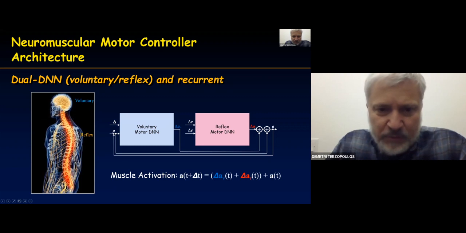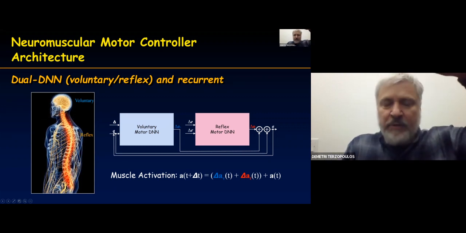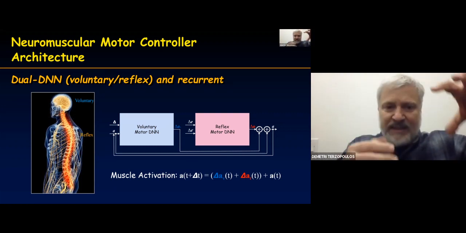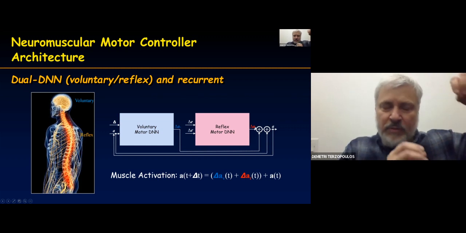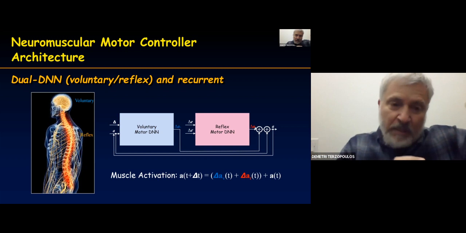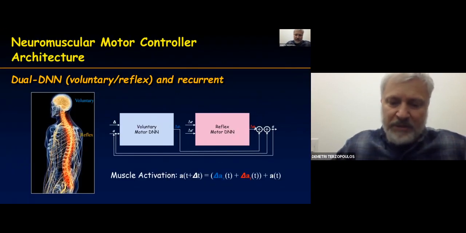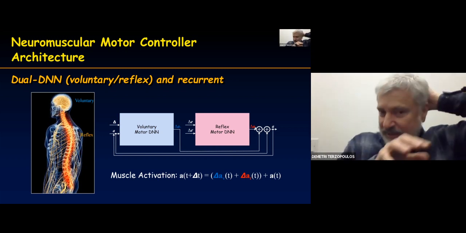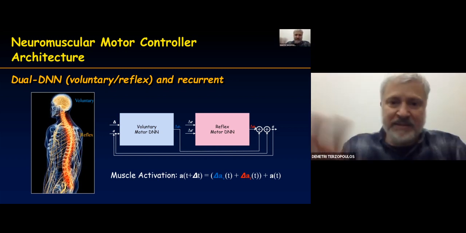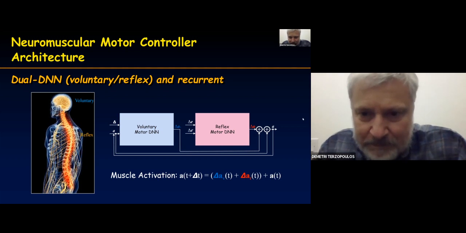So these are vectors over here. A is the vector of signals that get sent to the muscles in each neuromuscular controller. So for the torso complex, you have a vector of 400 plus signals that get sent to each of the muscles in that complex, and so on.